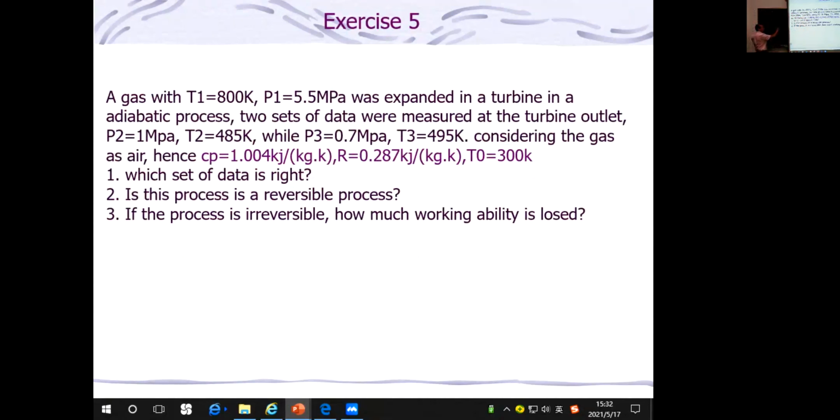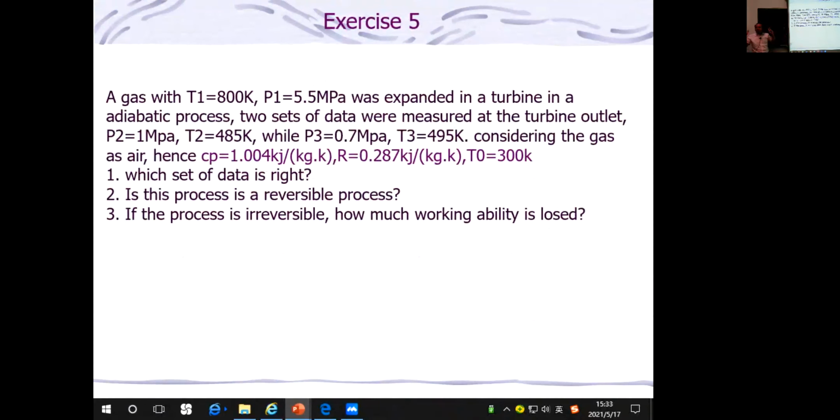If the integral of delta Q over T is bigger than 0, then the cycle is impossible; if it is equal to 0, then it is reversible; but if it is less than 0, then it is irreversible. Do you know if there is any heat here? No, I don't think there is any heat. Can you find any heat? No. So I don't think we can use this one.